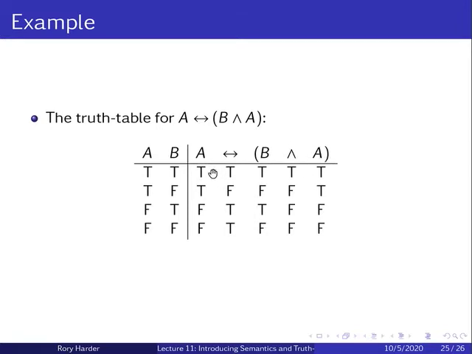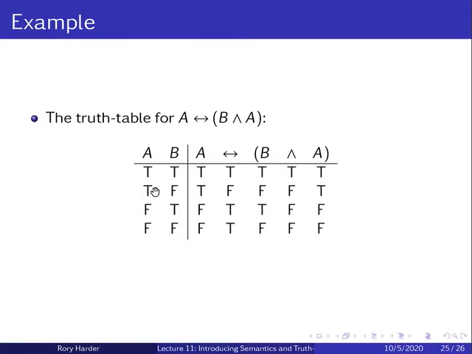And so because A and B and A on this row have the same truth value, given the meaning of the biconditional, the entire biconditional gets the truth value true. So that's how we complete this row, given the specific truth values of the atomic sentence letters on this row, and then given the meanings of the connectives as were given in the previous lecture.